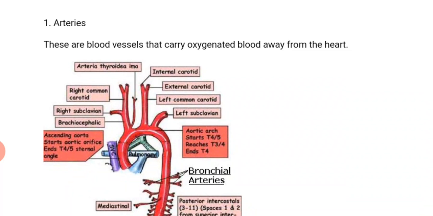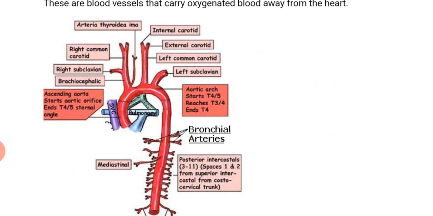I believe you all know the meaning of oxygenated blood by now, because in the last lesson we said oxygenated blood is blood with oxygen. You can see it is just like a pipe, and it allows the passage of blood.